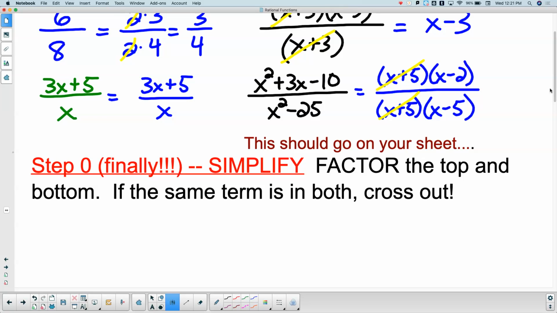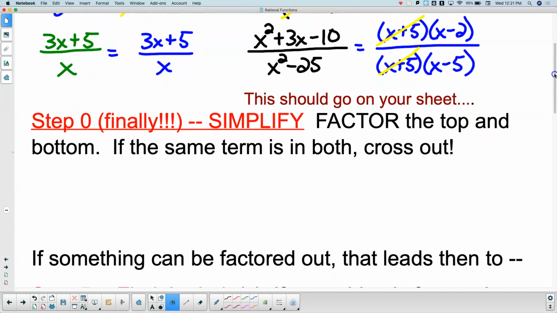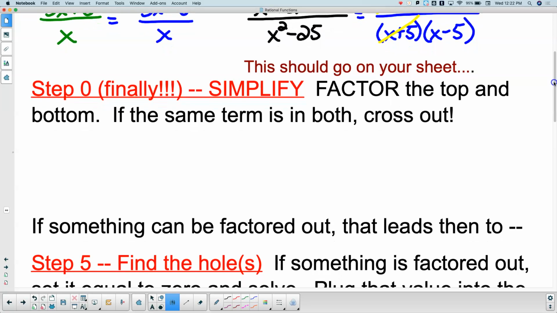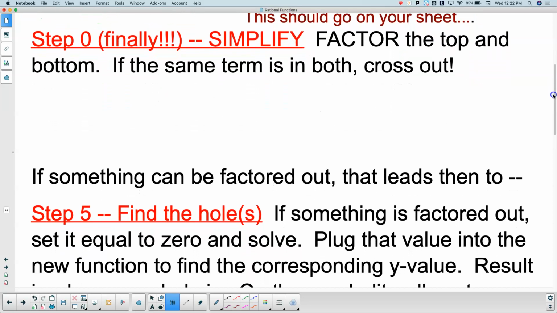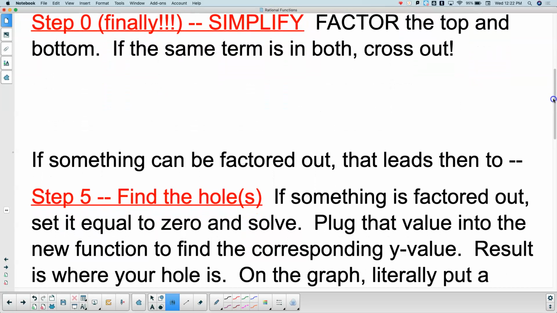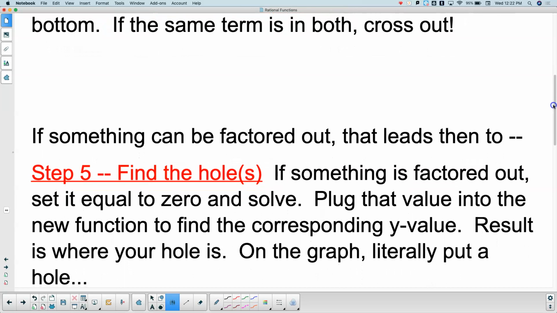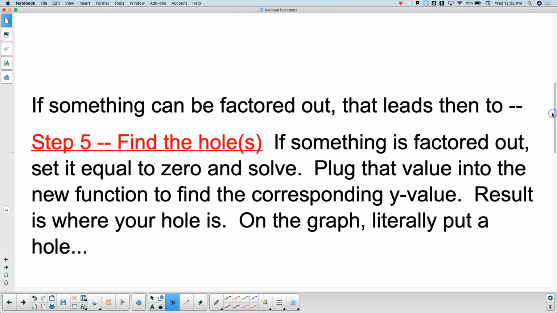So that makes it a little easier on us. That then leads us to step number 5.